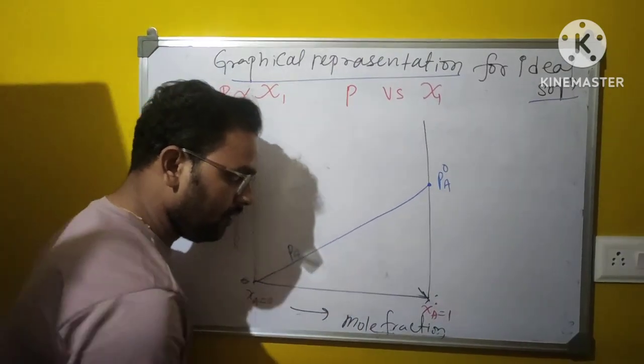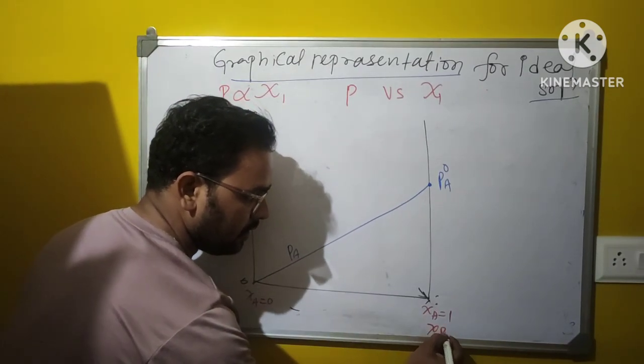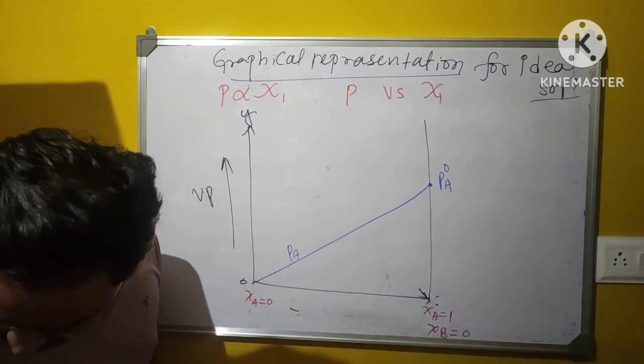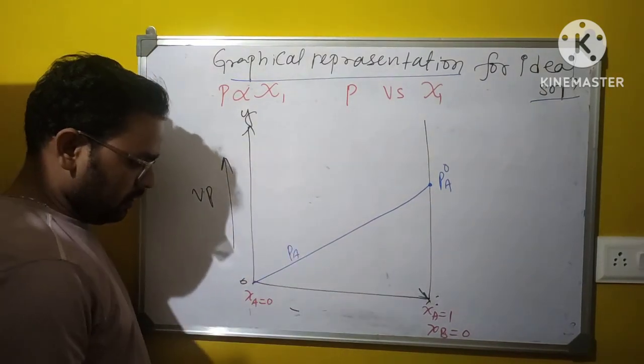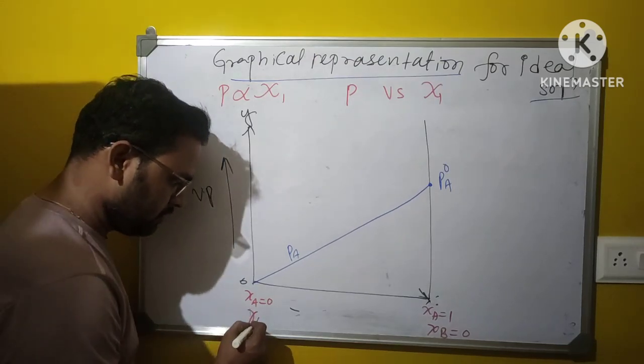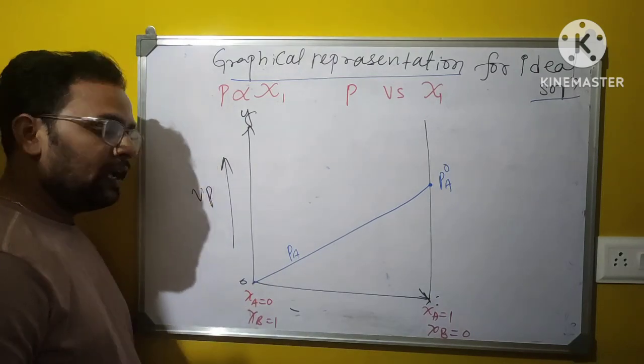Next, here mole fraction of B is equal to 0. Here mole fraction of B is equal to 1. Right to left, mole fraction of B increases.